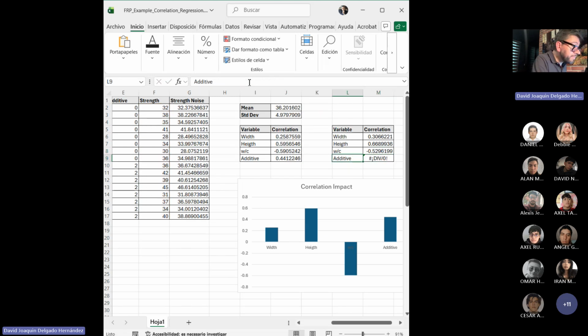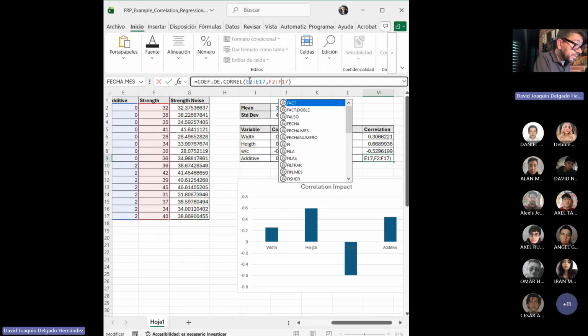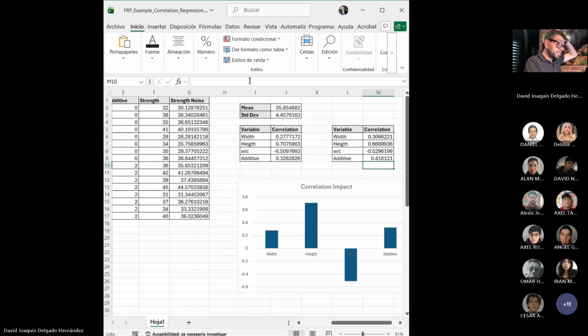And finally, additive is going to be E and F. Okay, E and F. Okay, F. Perfect.